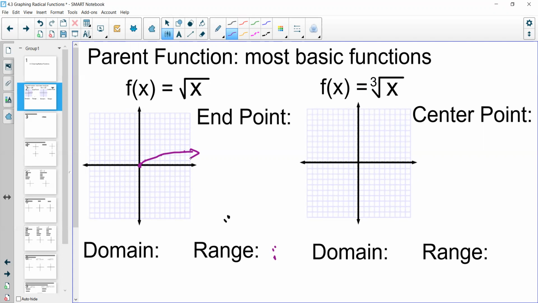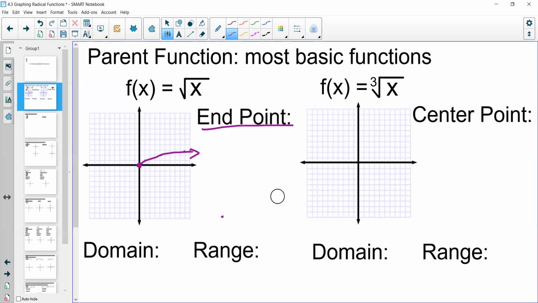And when we're looking at these parent functions, we can see that they have some different characteristics. Now, I want to highlight specific things about this. There is a lot more to these radical functions than just these elements, but there are some very important characteristics. The very first, we have this endpoint.